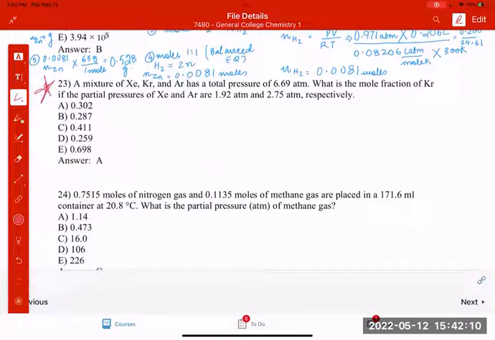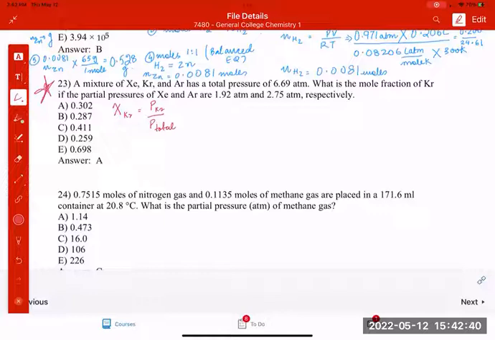Mole fraction. The formula for the mole fraction for any substance: we are finding the mole fraction of krypton. Krypton is equal to the partial pressure of krypton over the total pressure. Last time some of you calculated the number of moles, or went into too much detail.